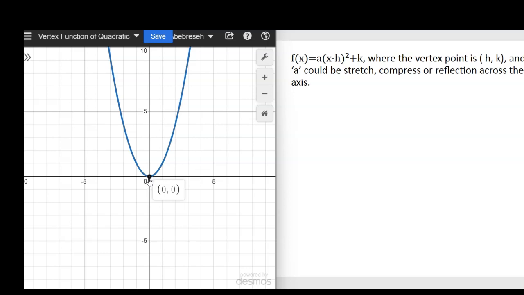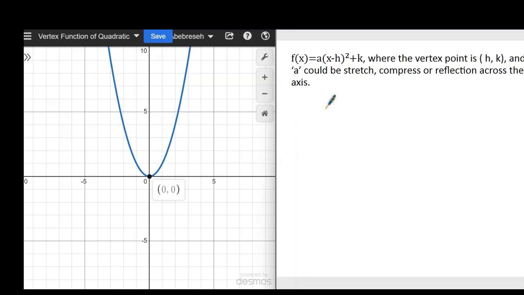Since the quadratic and other functions like absolute value have a vertex, if we have been given the vertex point, we can write the equation so easily. So that's what we are going to look into.